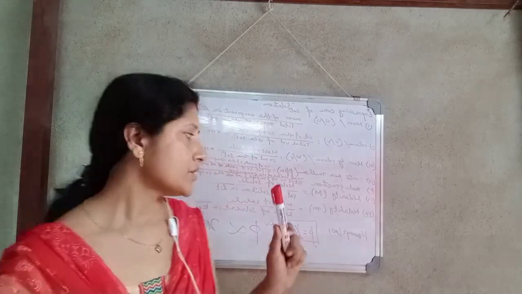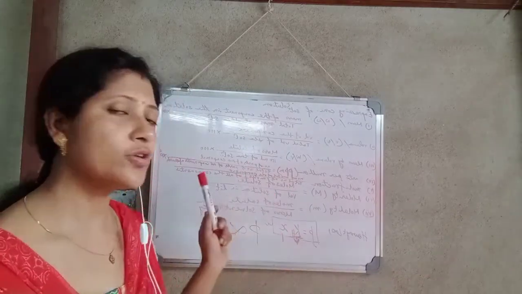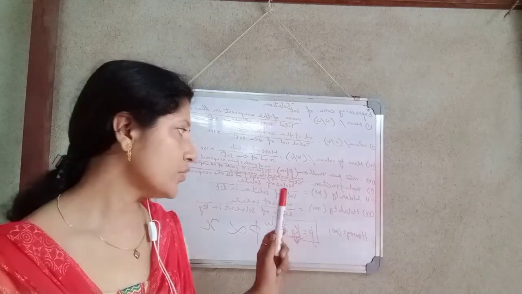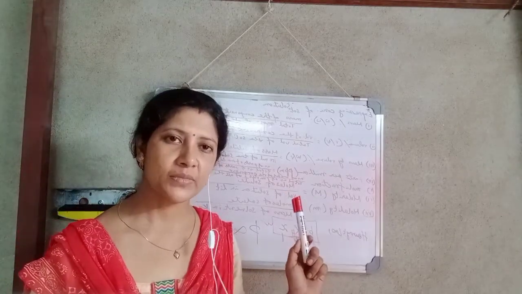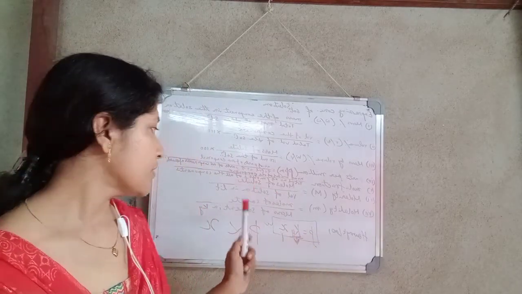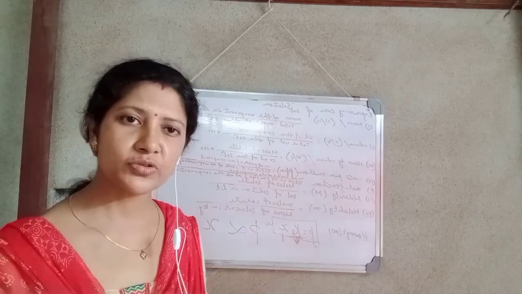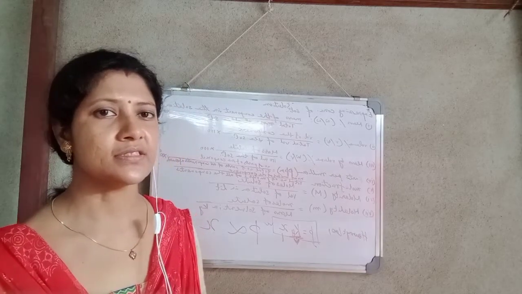So molarity means moles of solute by volume of solution in liter. And molality, expressed by small m, means moles of solute divided by mass of solvent in kg. Moles of solute by mass of solvent in kg. Clear?